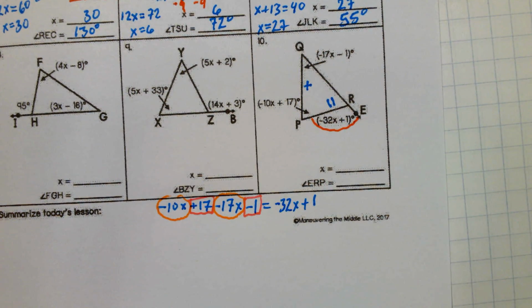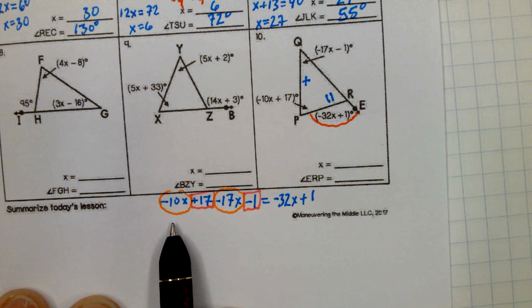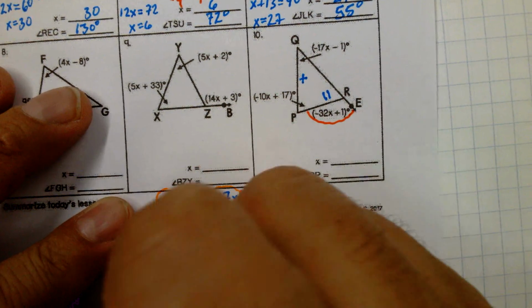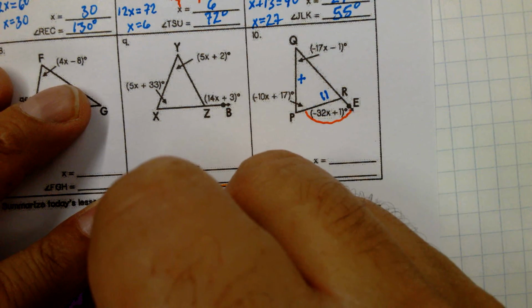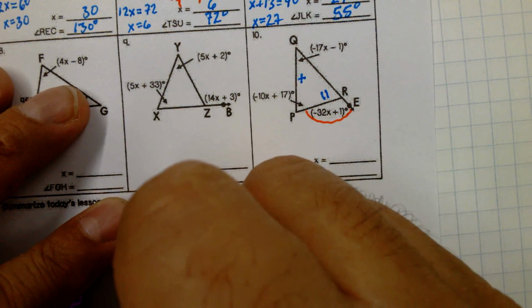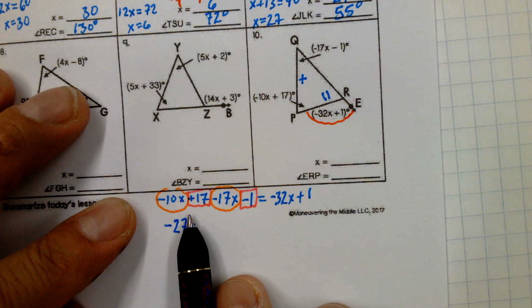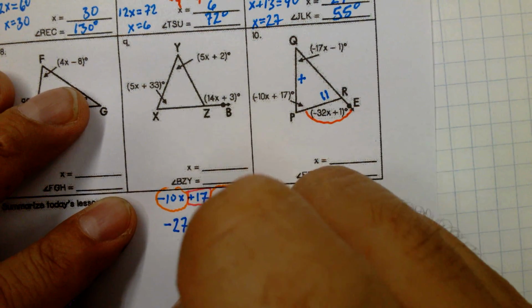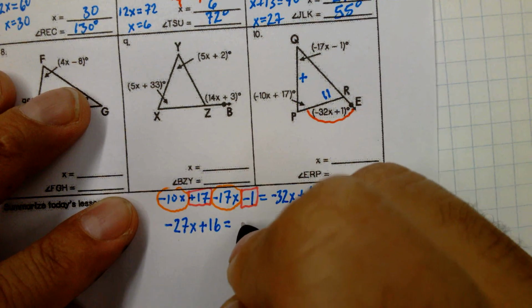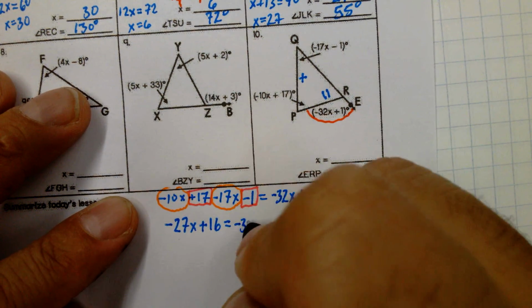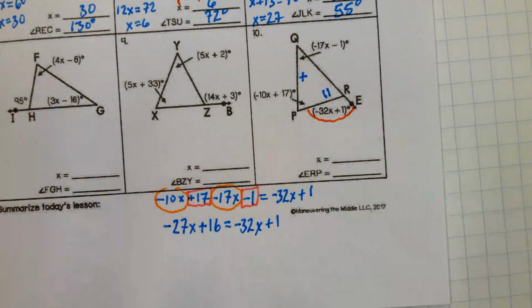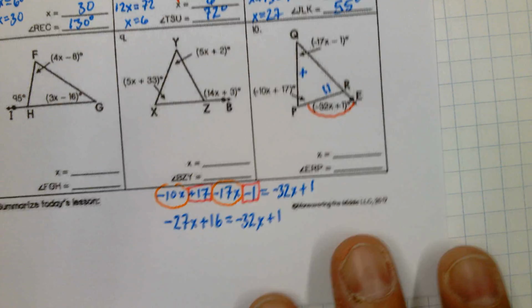Okay. Let's do all that. So negative 17 and negative 10 is negative 27x. You're just adding. 17 minus 1 is positive 16, so plus 16 equals negative 32x plus 1. Okay. All right.